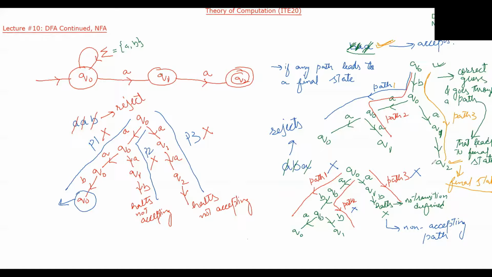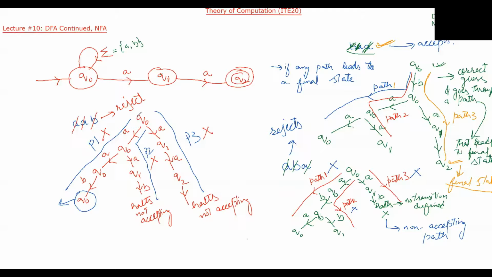Okay. So in non-determinism, this guess comes out. So for example, on A, there are two choices possible on Q0. It will either remain in Q0 or it will go to Q1. However, if it knows that by going through Q1, it will reach a final state, it will guess that particular path and it will go through that path.